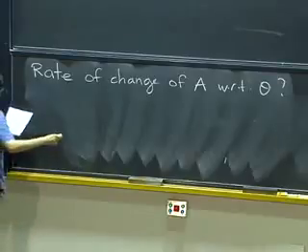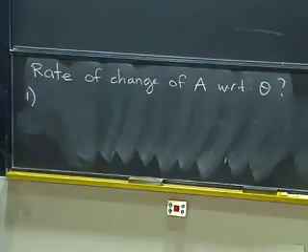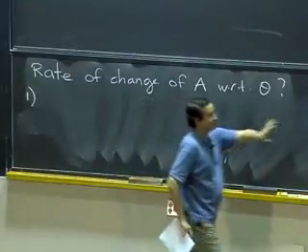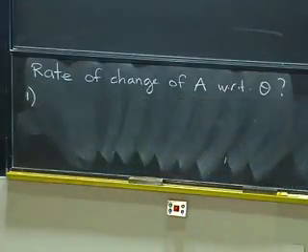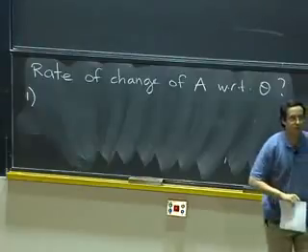The first way, which we already know about, is if we just forget about the fact that the variables are related. If we just think of a, b, and theta as independent variables, and we just change theta, keeping a and b constant.